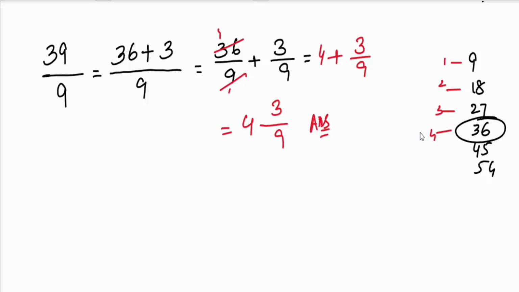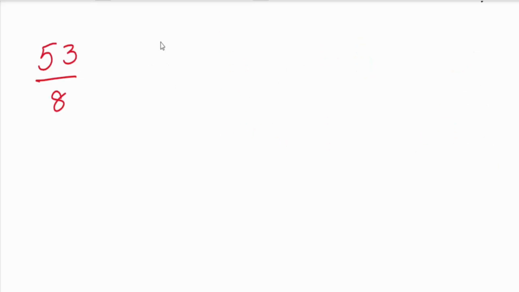Look at another question. This is another question, 53/8. Change this into a mixed number. How? First of all, the multiples of 8 are 8, 16, 24, 32, 40, 48 and 56, 64.